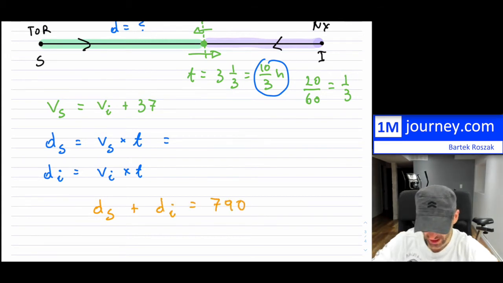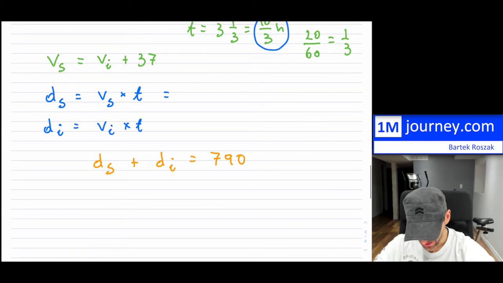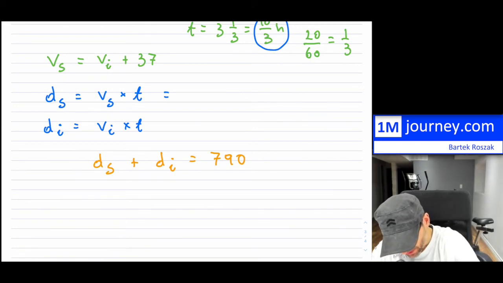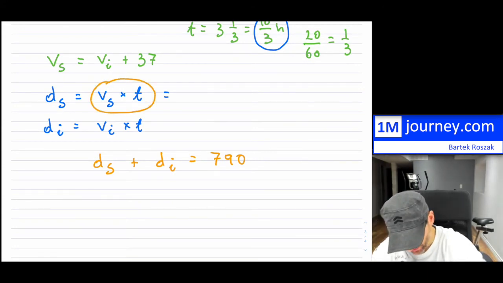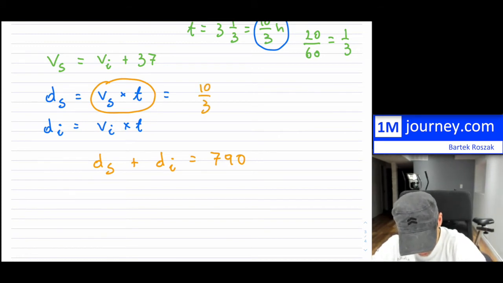So now notice, we're starting to have two equations and two unknowns. So the distance of Sabrina, that's right here. So this is going to be 10 over 3, that's the time, multiplied by her speed. This is going to be Vs. The distance of Isabella is 10 over 3, that's the 3 hours, 20 minutes, times her speed.